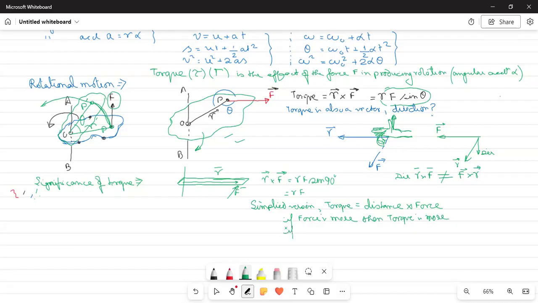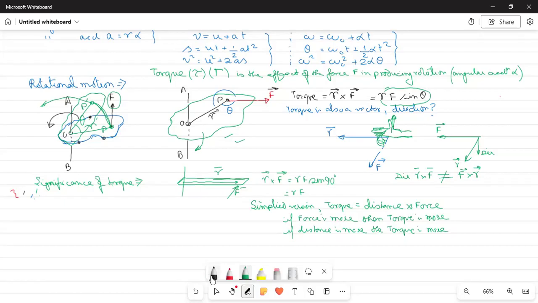Also, if distance is more, torque is more. This is a simplified version of our earlier statements: when the force is applied perpendicular to the distance vector, then if force is more, torque is more. If distance is more, torque is more.